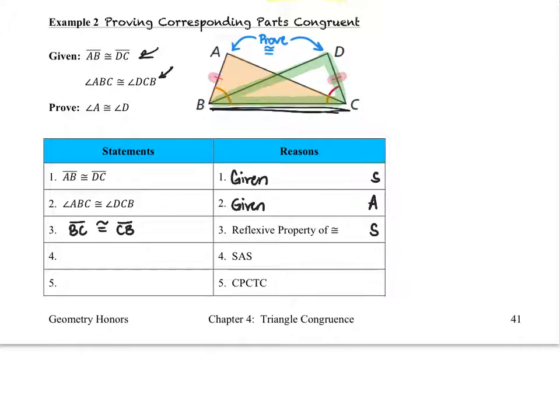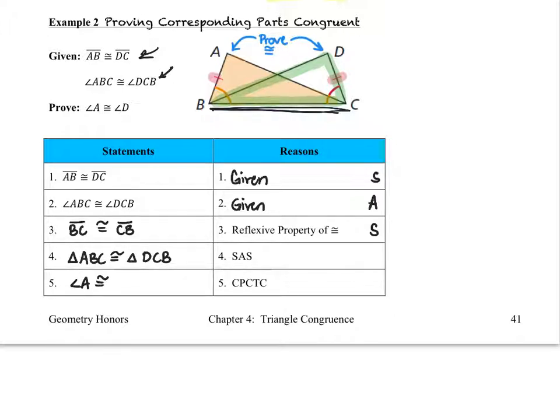That is the last side that we need to be able to prove that triangle ABC is congruent to triangle DCB.